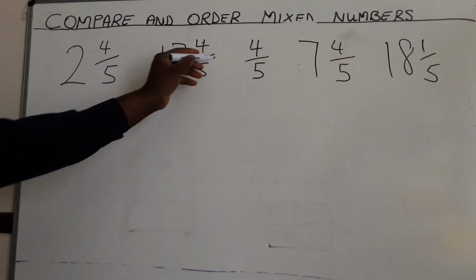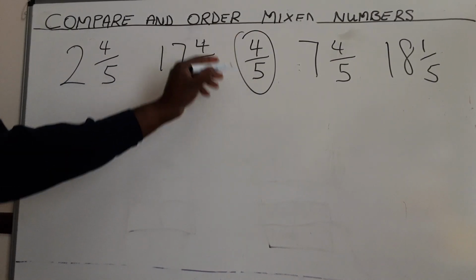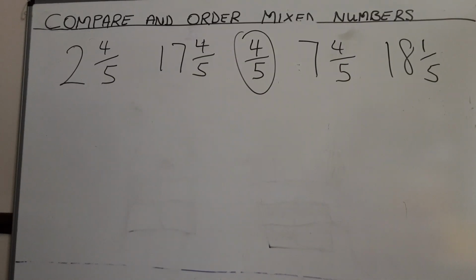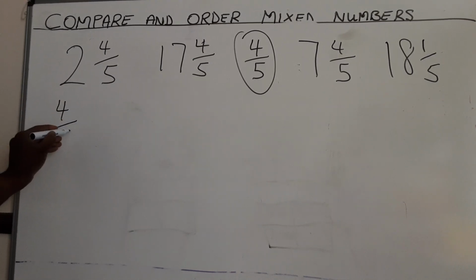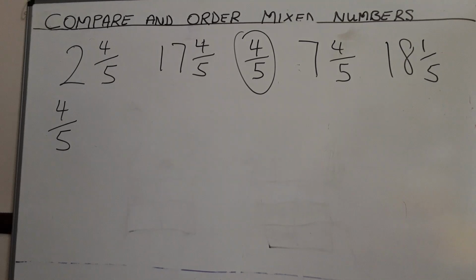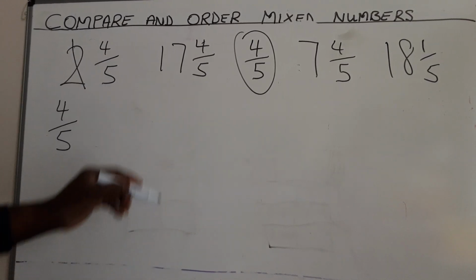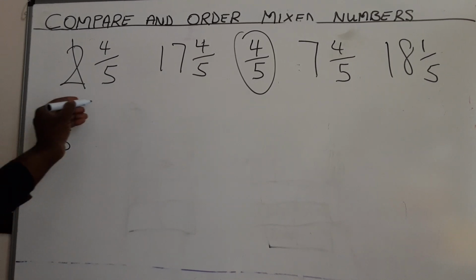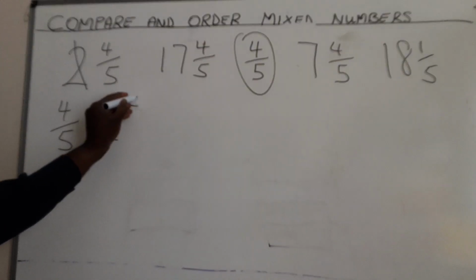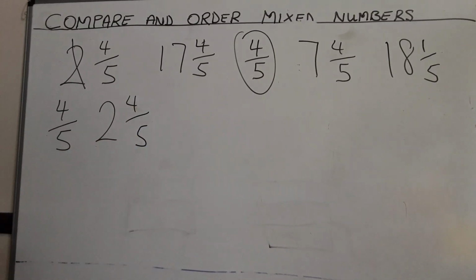This is going to be the smallest because it hasn't even got a whole number, so the smallest is going to be 4 over 5. When we look at the whole numbers, which one will come first? It's going to be 2 because it's the smallest, so it's 2 and 4 over 5.